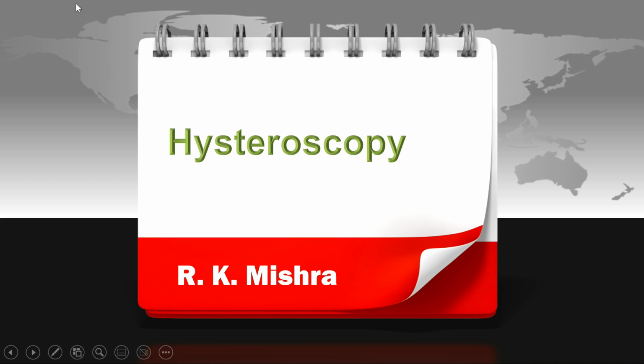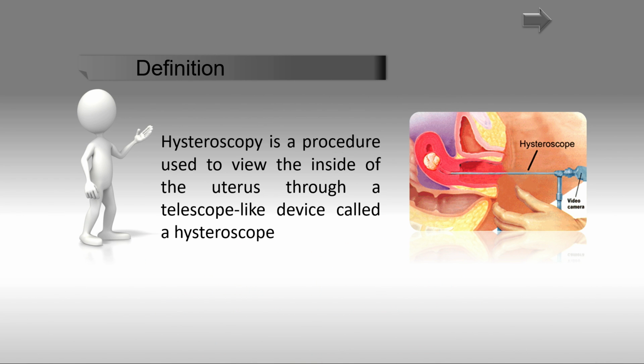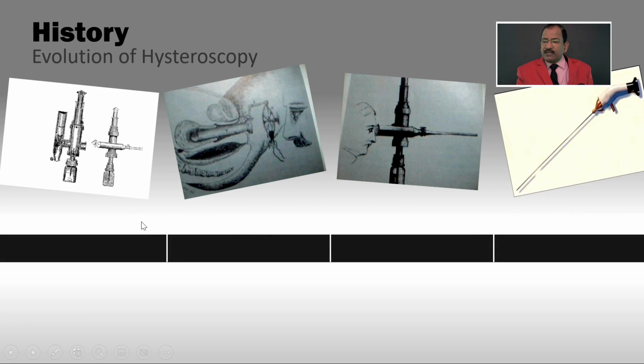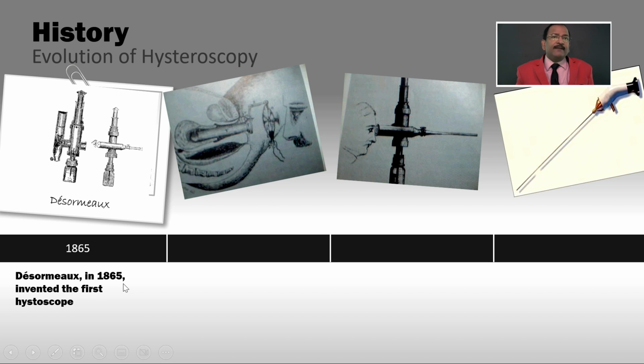So, hysteroscopy, by definition, is a minimally invasive procedure which is used to view inside the uterus through a telescope-like device which is called a hysteroscope. This was first invented in Germany and it was performed in 1865 by Pantaleoni. Pantaleoni was a male gynecologist who performed it with simple lenses, because in 1865 there was no camera, no light source, no TV.